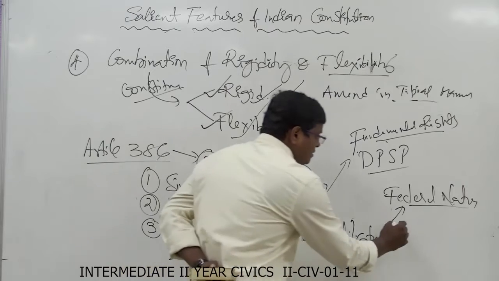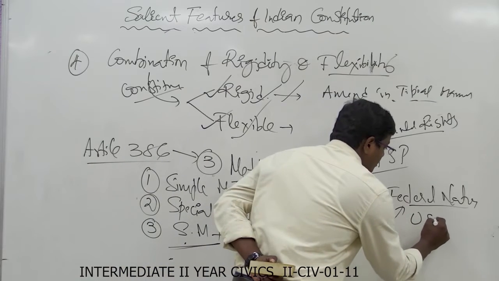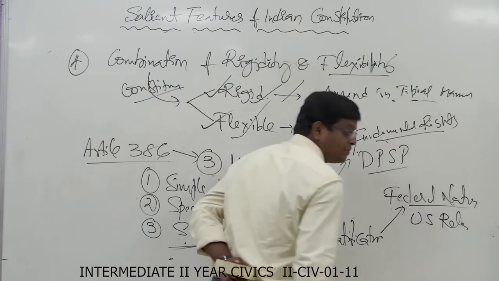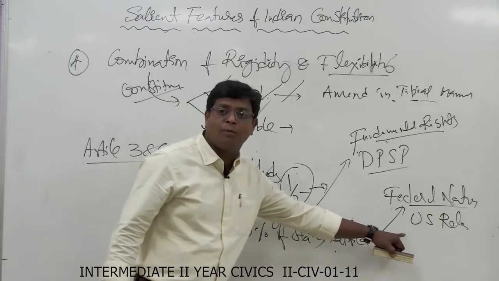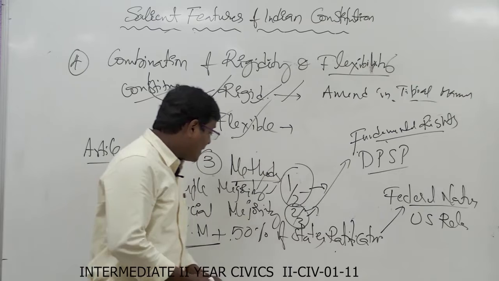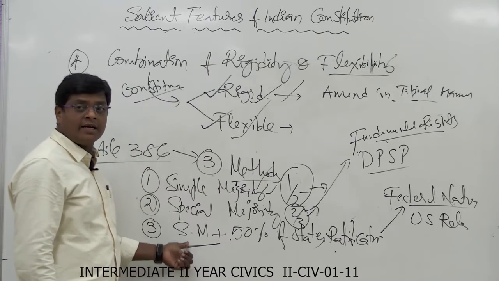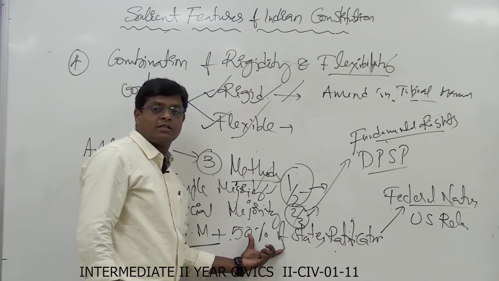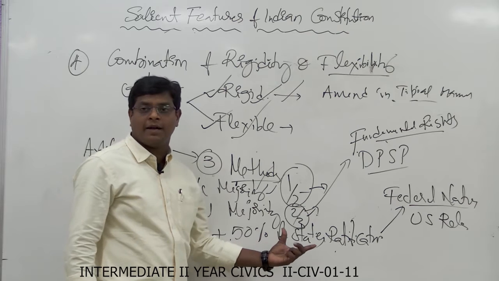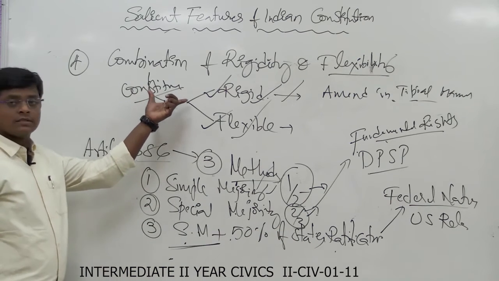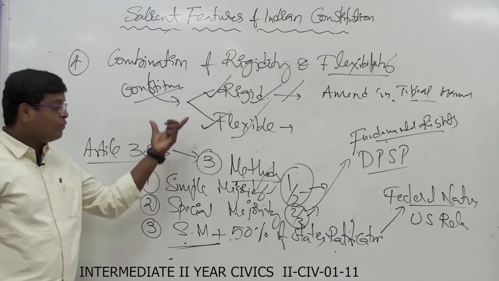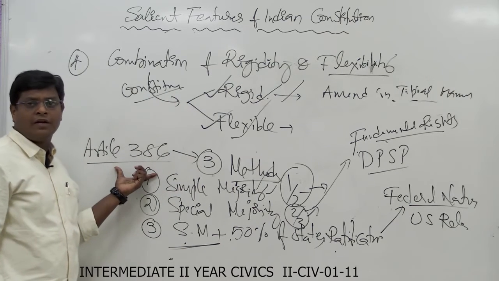For example, union-state relations, the Supreme Court, the union government's powers and functions. These come under special majority along with 50% of the states approving the bill. So this is the method of the amendment procedure mentioned in our Constitution of India.